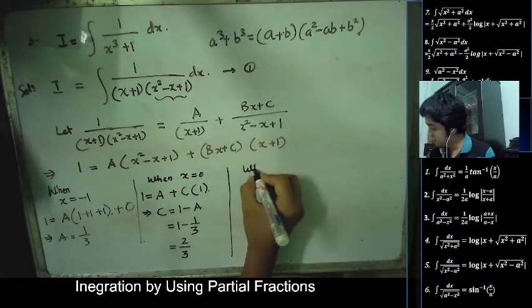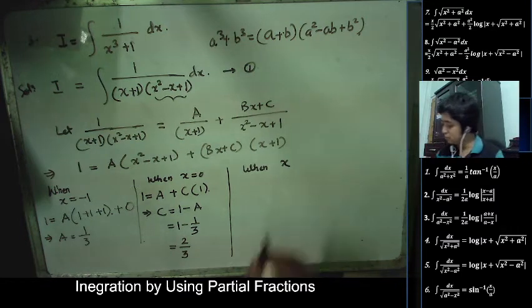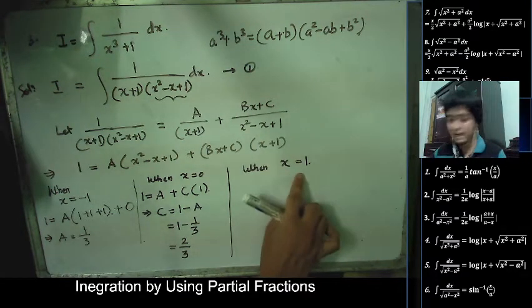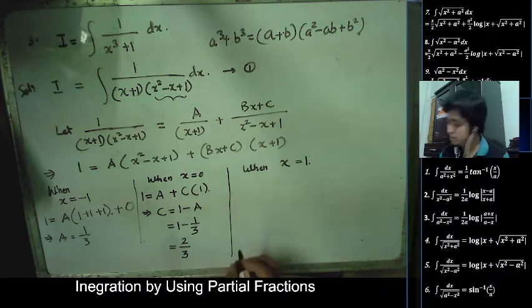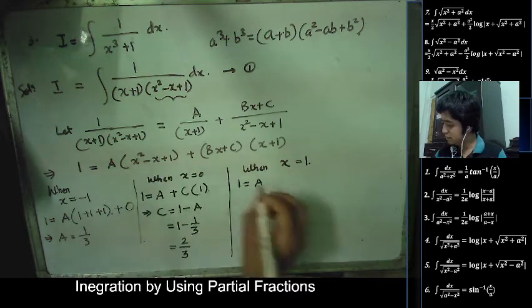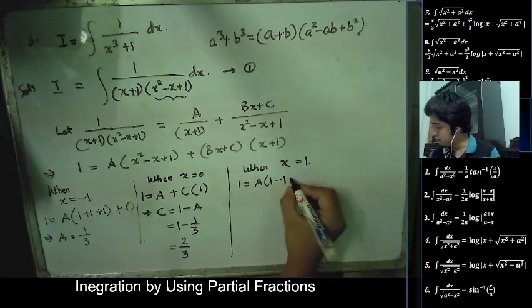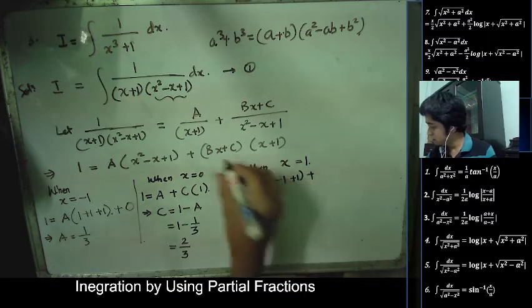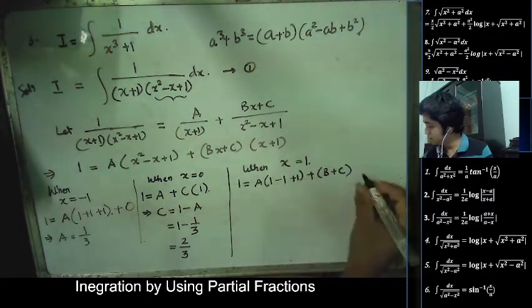Okay, now we can choose another value of x. We can put x is equal to 1. Let us see. Over here we can do it with any value, but let us put smaller values. That will always be simpler. So 1 square minus 1 plus 1 plus b plus c, and over here 1 plus 1 will give you 2.